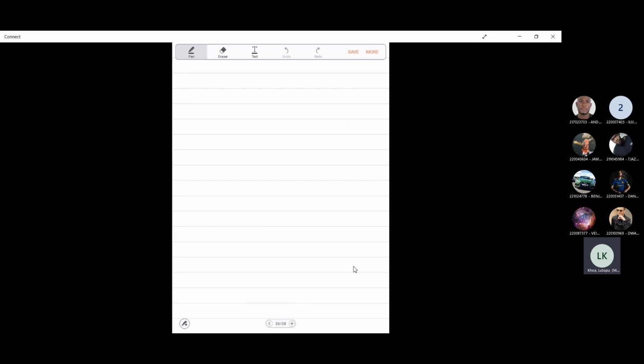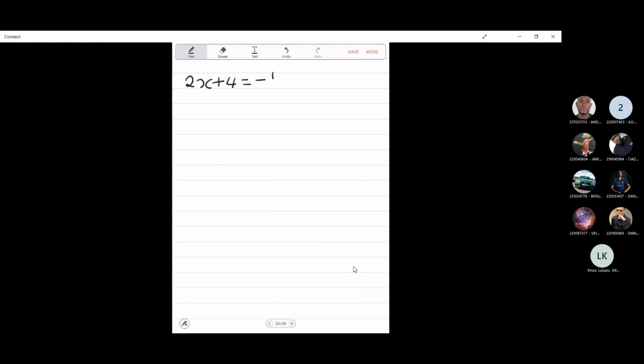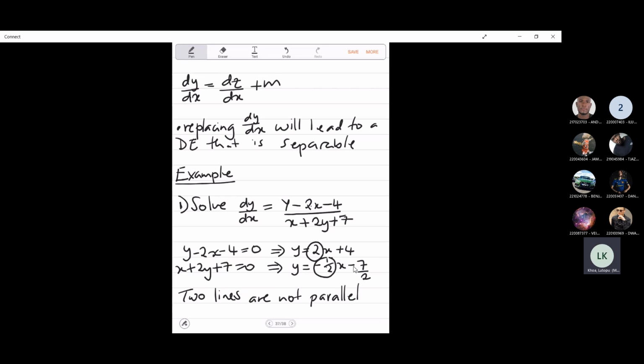So I have 2x plus 4 is equal to minus half x minus 7 over 2.